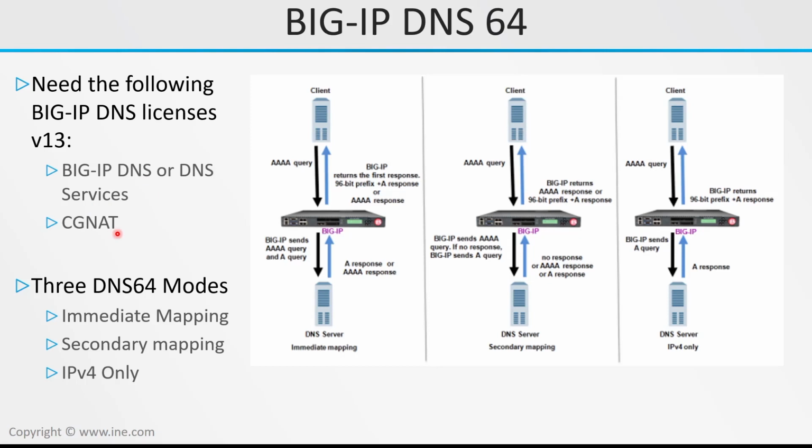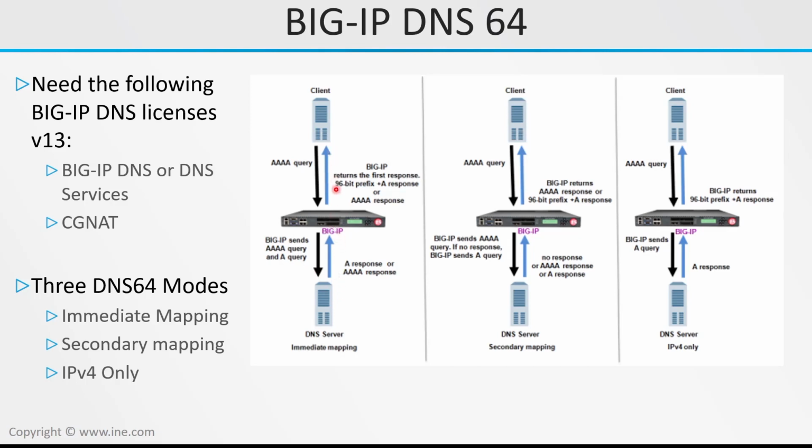Okay, so let's start with immediate mapping. The client sends the IPv6 query to the F5 DNS, and the DNS will send both the IPv6 query and the IPv4 query to the DNS server. Whichever response it gets back first, that's the one it sends to the client.